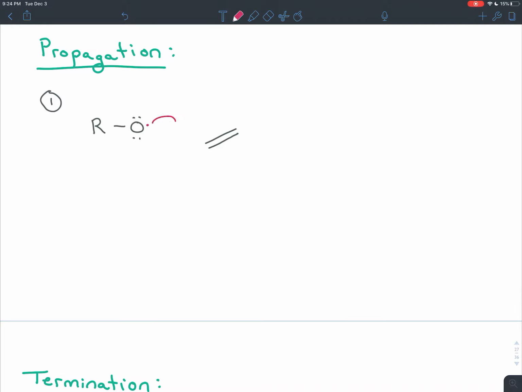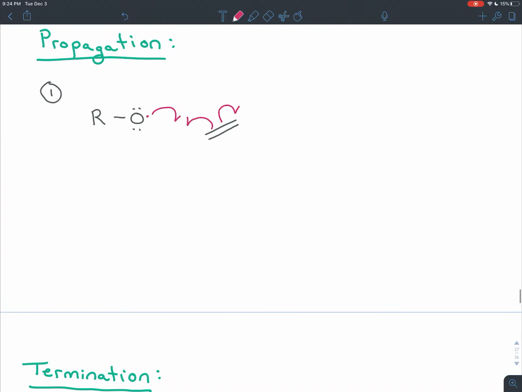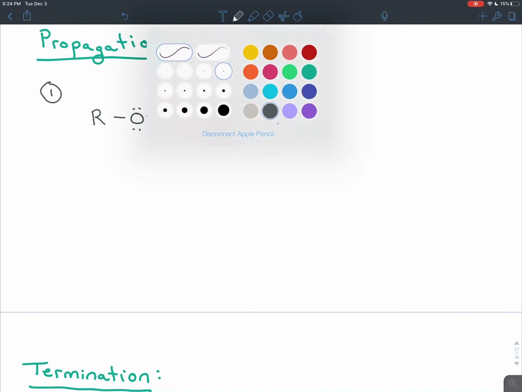The oxygen contributes 1 electron, the carbon contributes 1 electron. It's coming from the pi bond. The other electron in the pi bond forms a new radical on the carbon there.